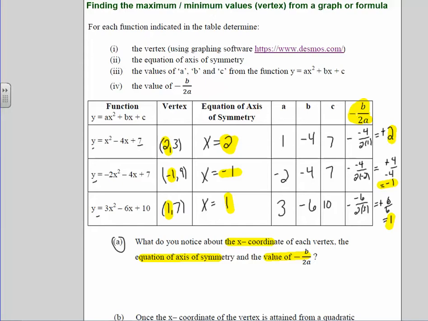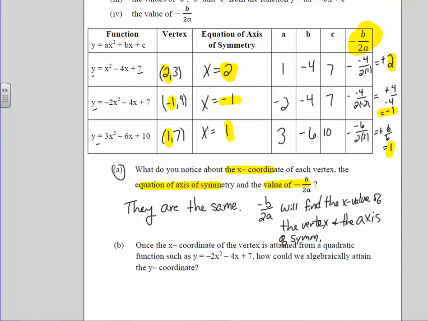So this formula, negative b over 2a, will give you the x value of the vertex and the equation of the axis of symmetry. Just to summarize, and these notes will be placed onto the Schoology site, the values are the same. Negative b over 2a will find the x value of the vertex and the axis of symmetry.